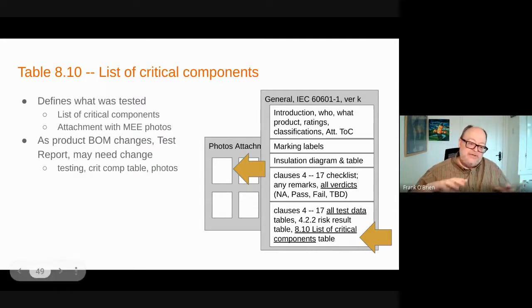And you as a manufacturer would have identified a much larger population of things that are critical, at two levels. One, because the equipment has to function, so that's everything. But perhaps a subset of that would be safety critical.